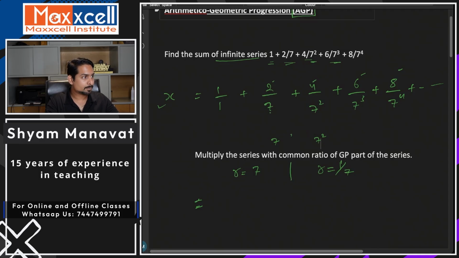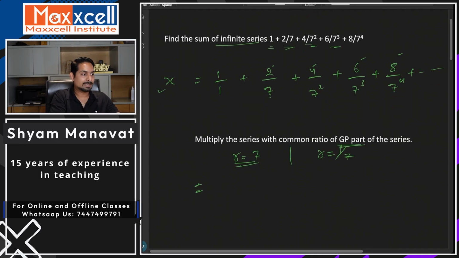Accordingly, your opinion for the common ratio may change, but trust me, in both cases you will get the same answer. So I keep it simple and I will be using r equal to 7, the common ratio equal to 7, which is the geometric progression part of the series.